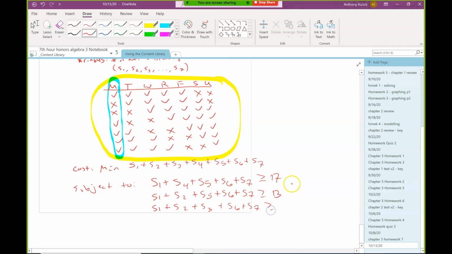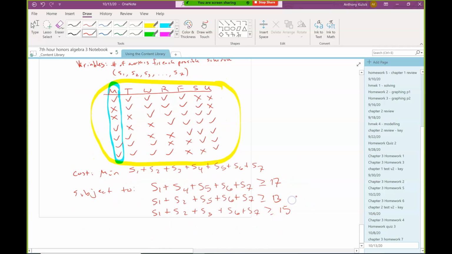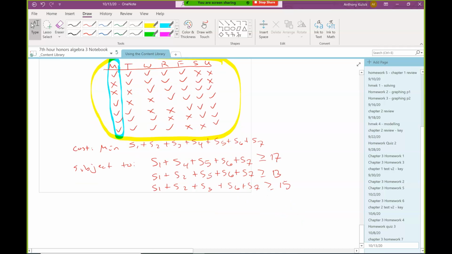And then the number was 15. Okay. And Thursday would be? Is that what I said? Thursday was 1, 2, 3, 4, and 7. Okay. And that has to be at least, is this the 19?